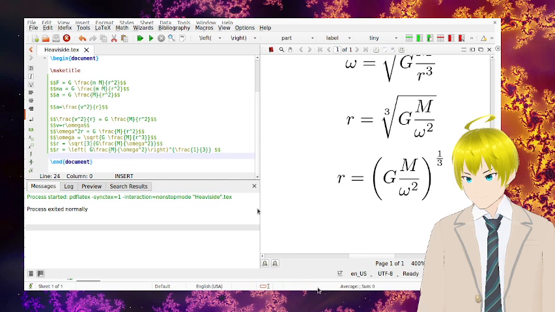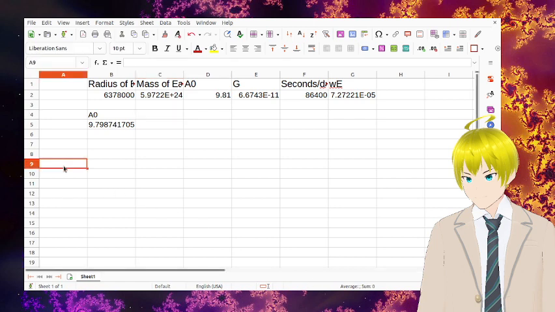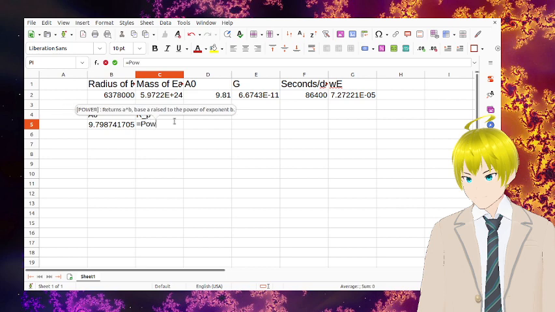So where's our spreadsheet? Here. Let's go geostationary orbit. Or let's call it R sub G or something, R sub P, because I feel like it, equals power to the 1/3.